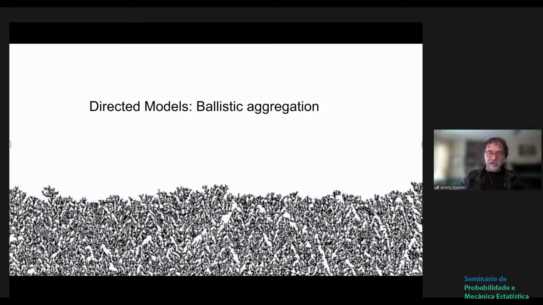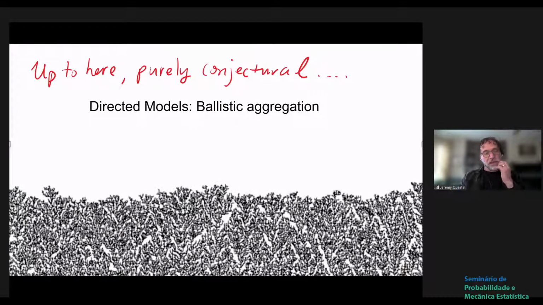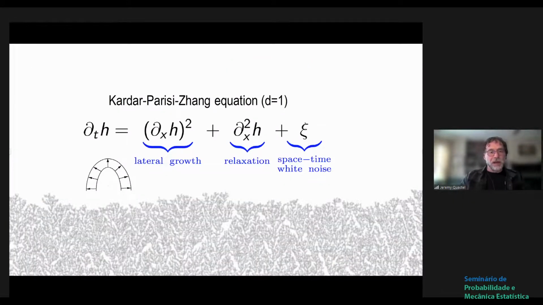Now, up to here, everything I've said is completely conjectural. So after this, we'll start to talk about real mathematics. So as a model of this ballistic aggregate, Kardar, Parisi, Zhang proposed their famous equation, which we call the KPZ equation. And that's the height function.